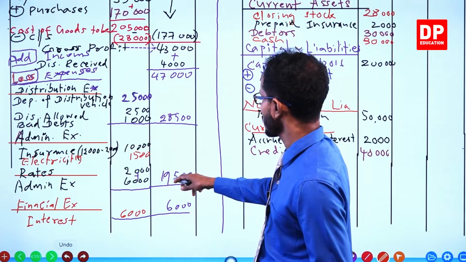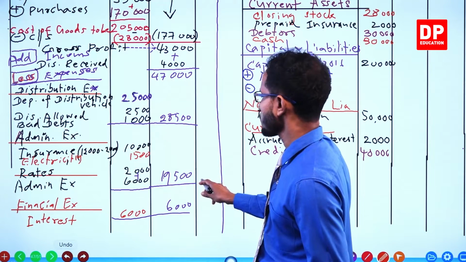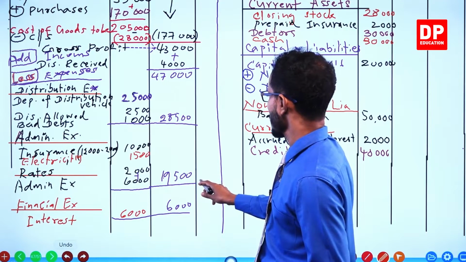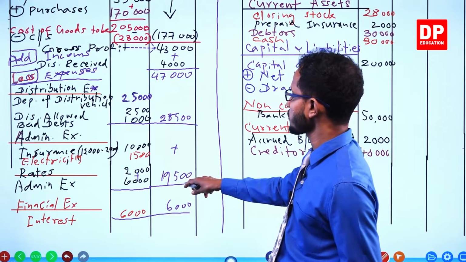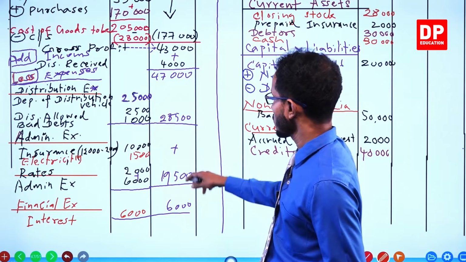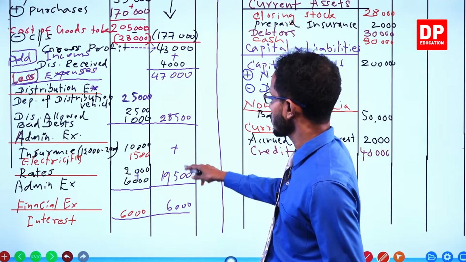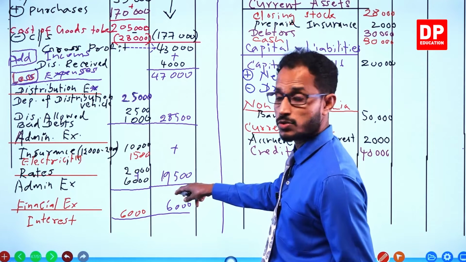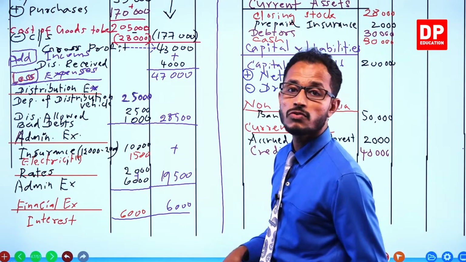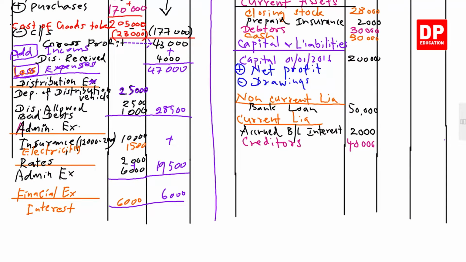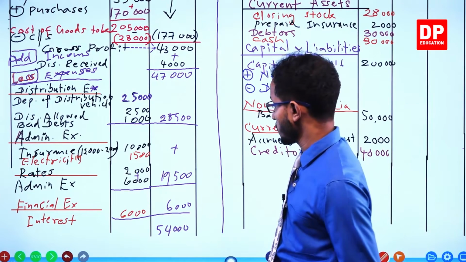It's 48,000, the addition of these two. 48,000 plus 6,000, 54,000. Total expenses 54,000. Got it?